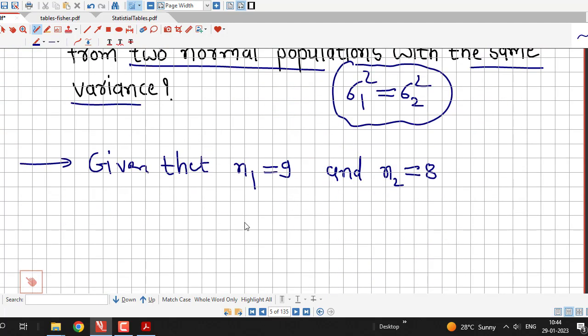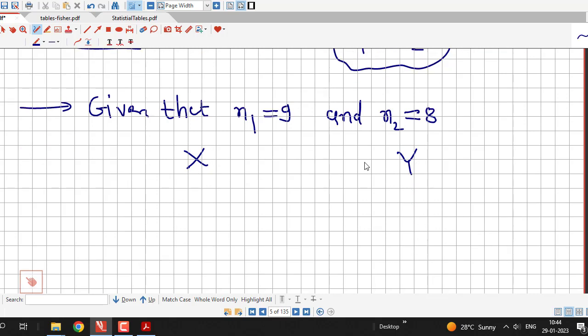So suppose the variable for first sample is capital X, and variable for another sample is capital Y, then X bar will be the notation for sample mean of first sample, Y bar will be the notation for sample mean of second sample. So first we write down what is given for first sample and then we will go for second sample.